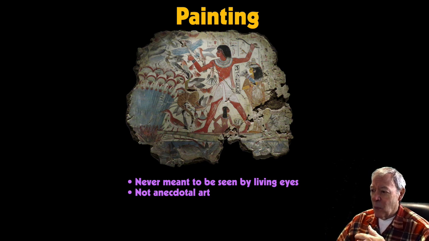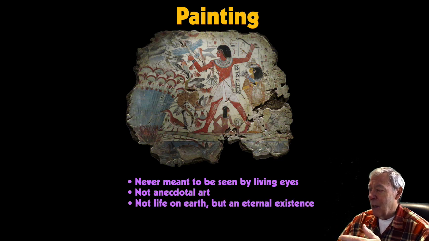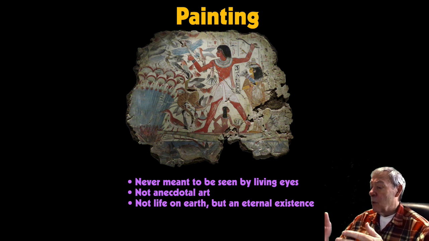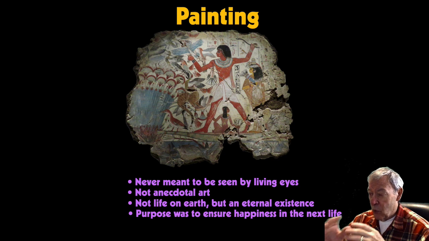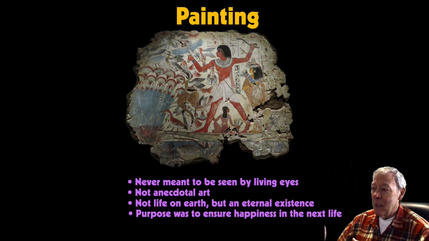In fact, this artwork is not about life on earth at all for the most part, especially the work that went into the tombs. But what it's about is, as we've discussed already, an eternal existence, the purpose of which was to ensure happiness in the next life. So it wasn't to provide visual enjoyment and storytelling moments in this life. It is about happiness in the next life.